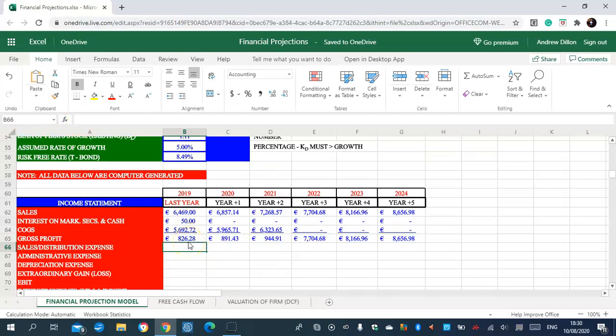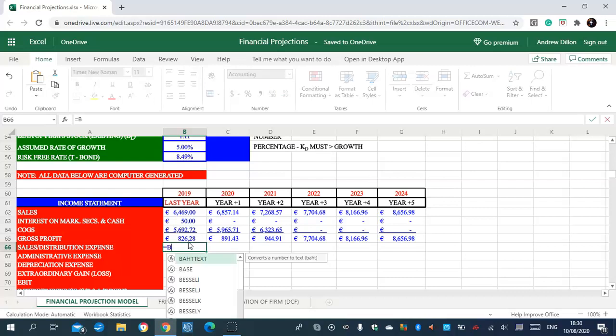So now the next heading is how to calculate the sales and distribution expense. Very simple, just equals B7. Now it's equals $ sign B7 multiplied by B62.